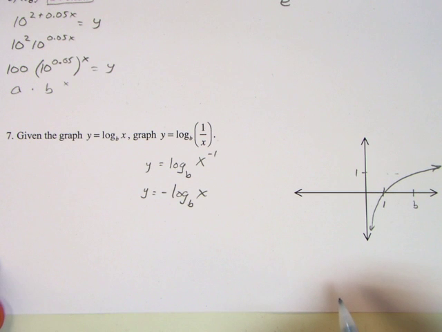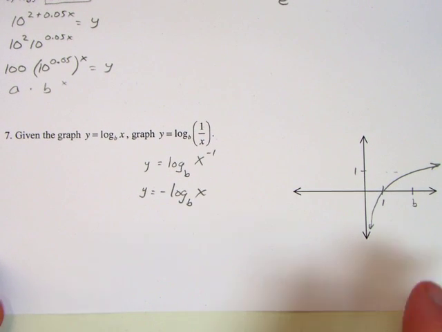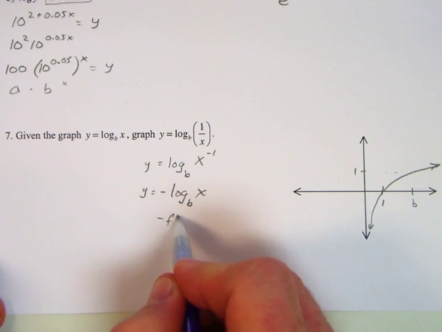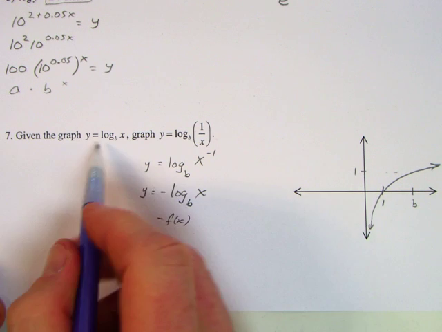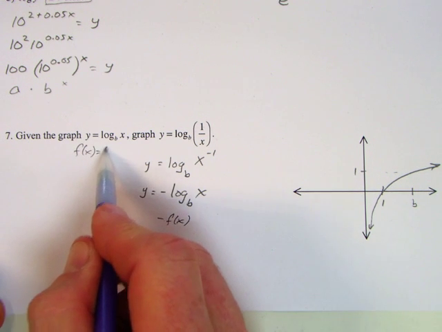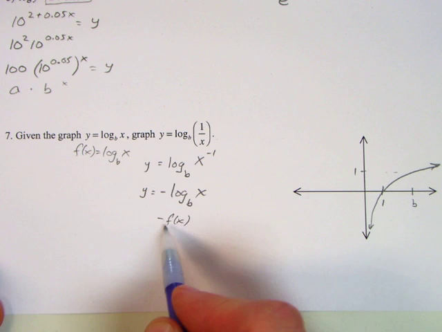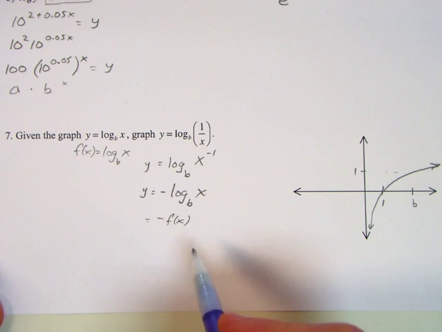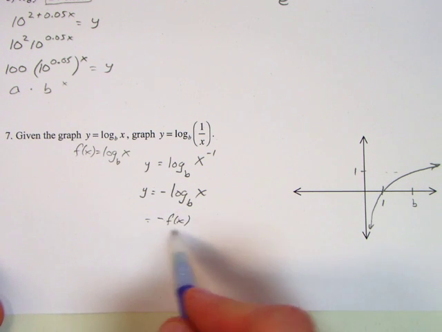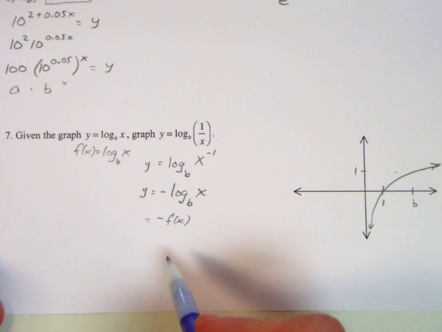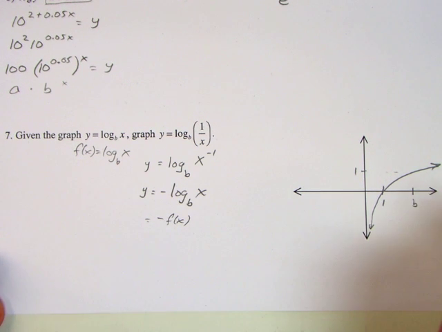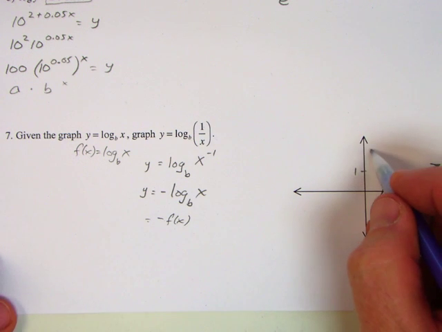So what does that do to the graph? Well, that's saying negative f of x, if f of x is our log base b of x. So what does that negative f of x do to the graph? It's affecting the y values. So it says all the y values must change sign. What was positive now becomes negative, and what was negative now becomes positive.